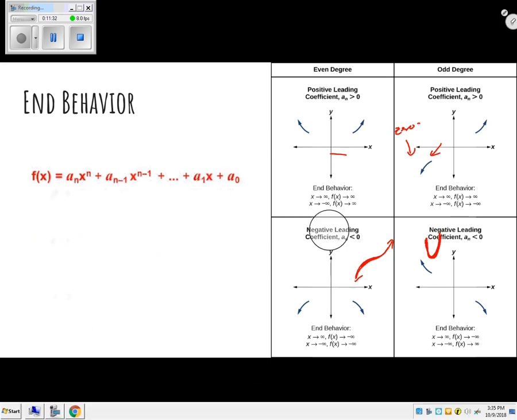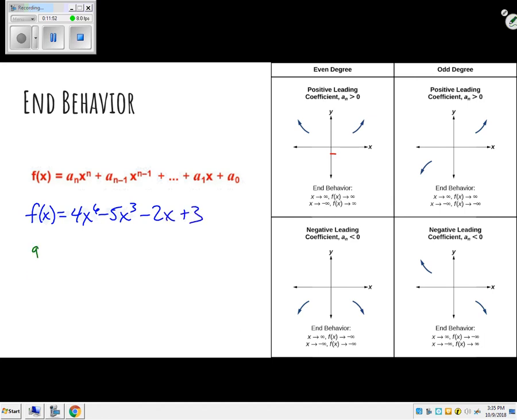All right, the last thing we need to do is end behavior. So I'm going to make up a couple problems right here. f of x equals 4x to the 6th minus 5x to the third minus 2x plus 3. Switch colors and do a g of x equals -3x cubed minus 2x squared minus 1.